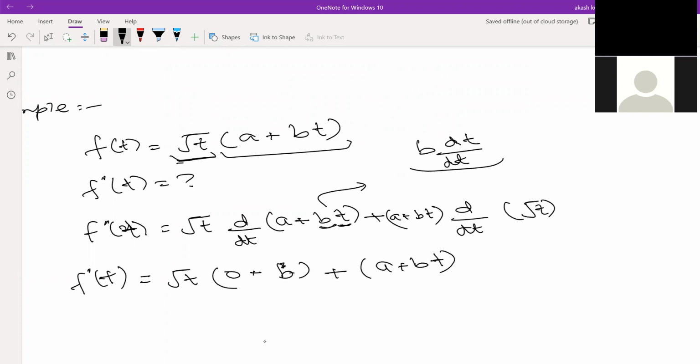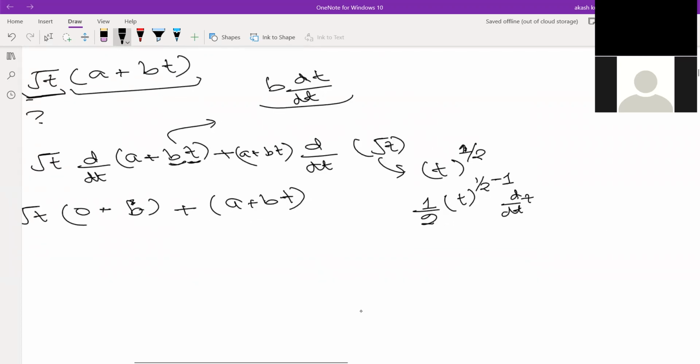And then I forgot how to differentiate square root. Square root will be like this: 1 over 2, and then using the power rule, taking the power 1 over 2 and 1 over 2 minus 1, and then taking the derivative of the function, that is t. So it will be 1 over 2 t to the half minus 1, which is minus half.